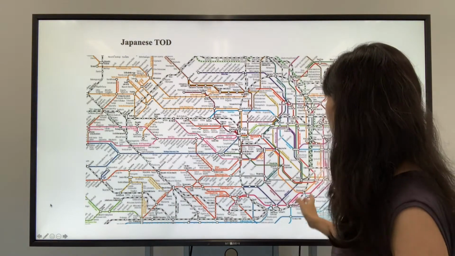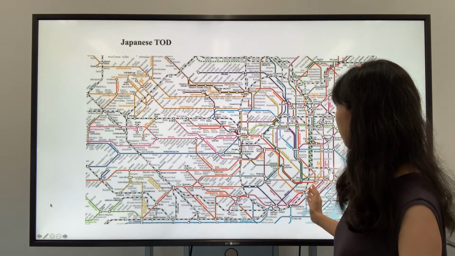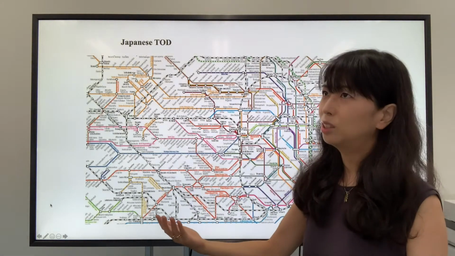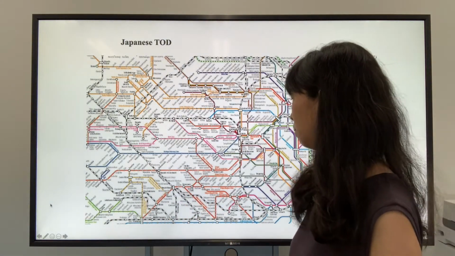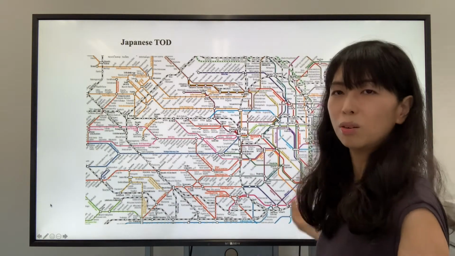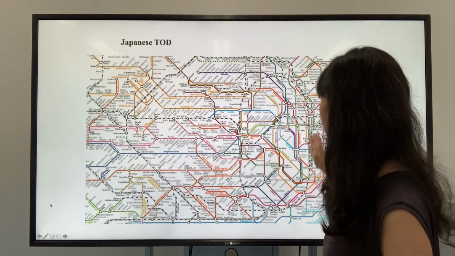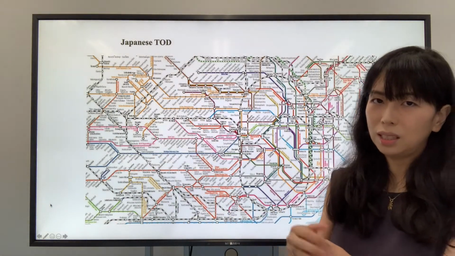So it wasn't possible to actually connect the Yamanote line. However, because of the destruction that happened after the 1932 earthquake, all these houses were burnt down, and this is the moment that this railway was able to link together.